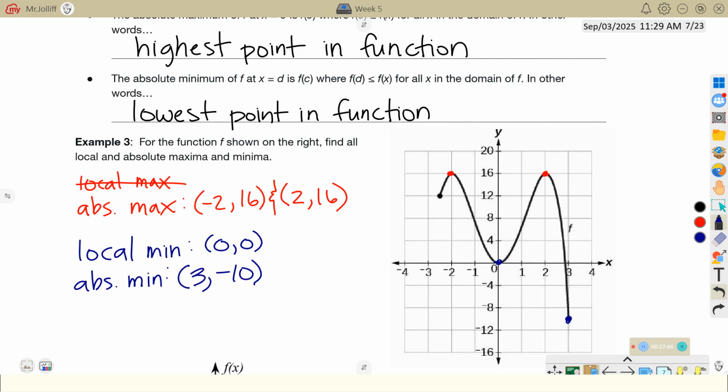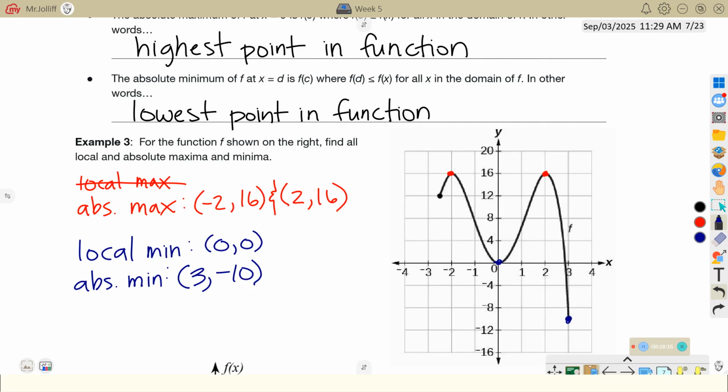So my absolute min is -10, and it occurs at x is 3. I have a local min where the graph temporarily bottoms out at x equals 0. Very good. So local extrema are tops and bottoms of peaks and valleys. Absolutes are the absolute highest and lowest points in the whole graph. Very good.